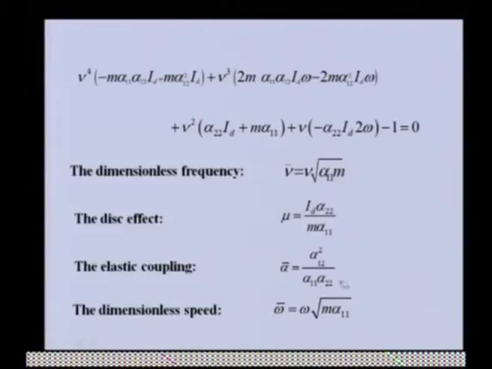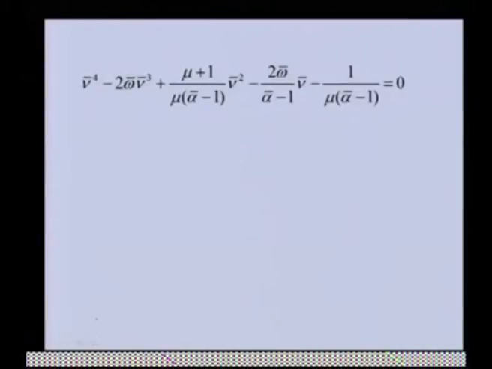If we use these dimensionless parameters, this frequency equation will become relatively simpler. Here, apart from nu bar, we have the spin speed parameter, the coupling parameter alpha bar, and the disk parameter. So, we can solve this and get 4 roots, but let us take some special cases in which we can simplify these expressions.